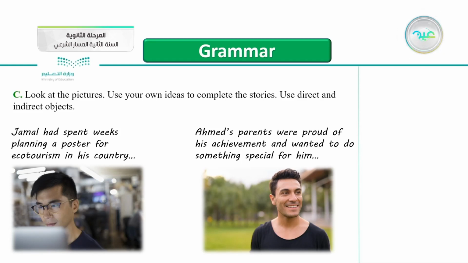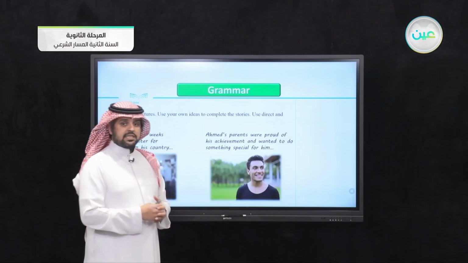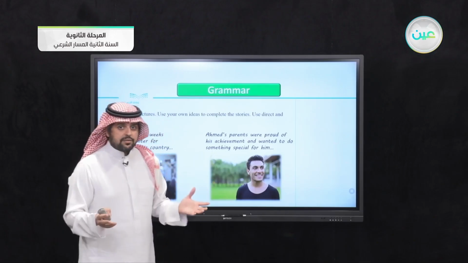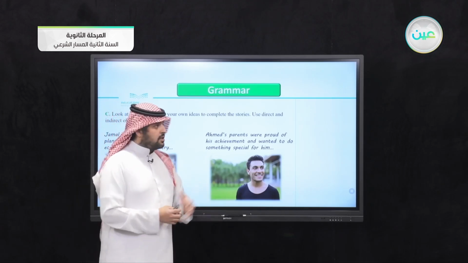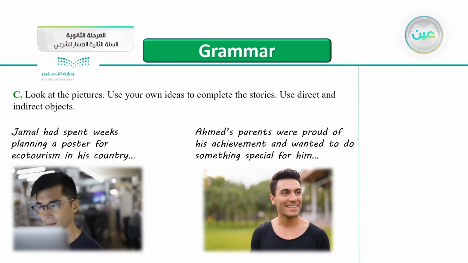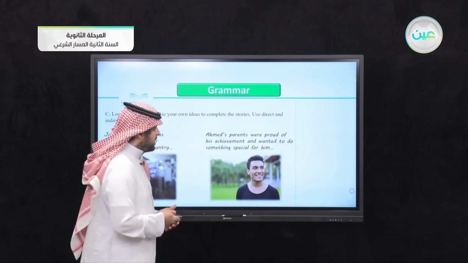On the other picture here, Ahmed's parents were proud of him, of his achievement, and wanted to do something special for him. Maybe his achievement was that he graduated from high school, from university. So try to make up a story about Ahmed, and remember to use direct and indirect object.